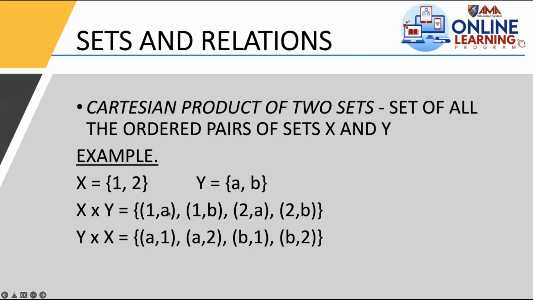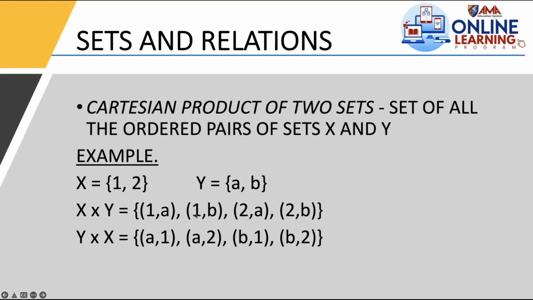But there are other subsets. Instead of (1, A), we can have (1, B), or (2, A), or (2, B). But that's a one element set. We can have two element sets, which are also subsets of this. So you have two elements: (1, A), (1, B); (1, A), (2, A); (1, A), (2, B); and so on, because we can have (1, B), then (2, A). And also three element sets.